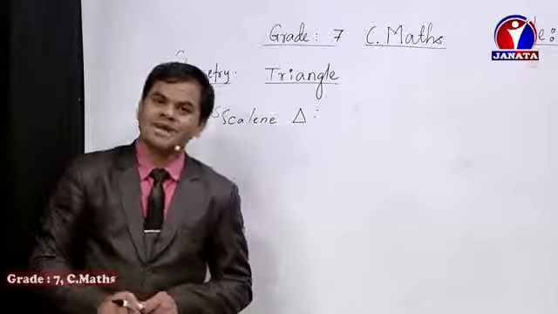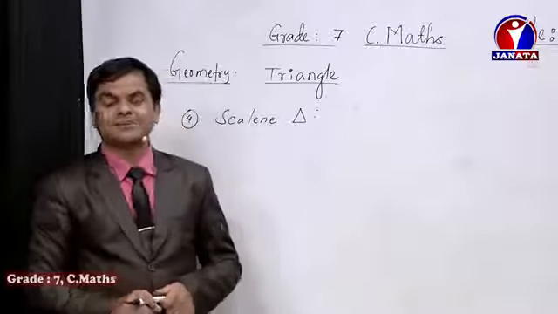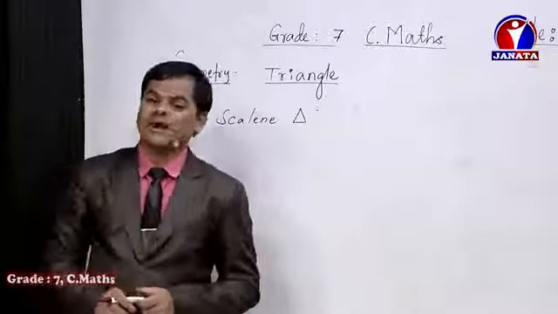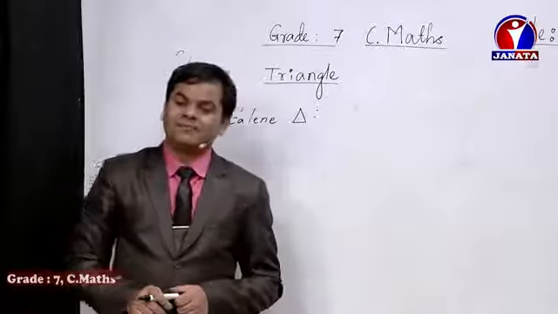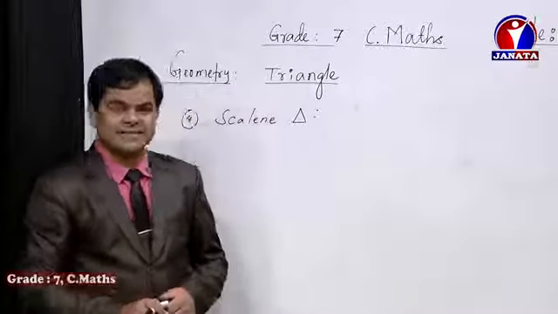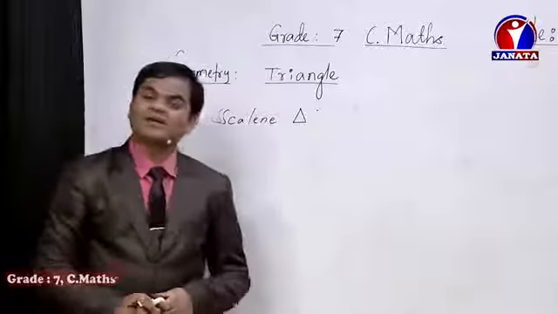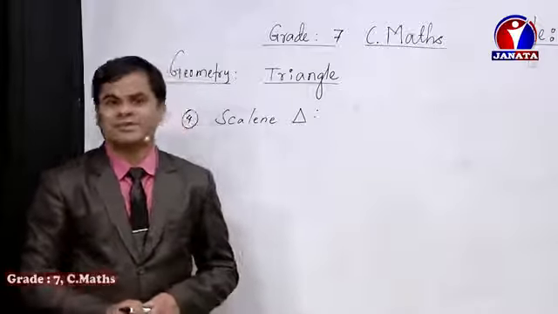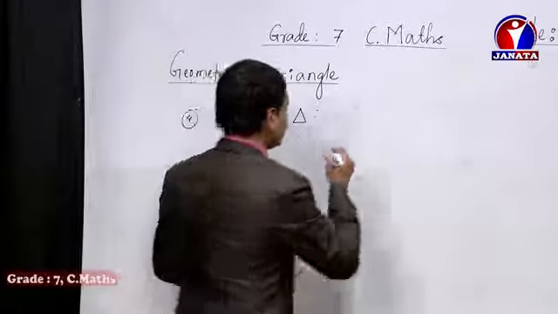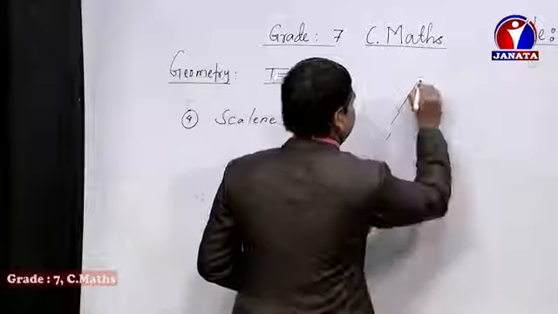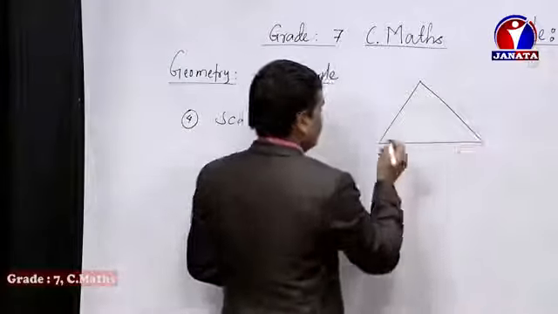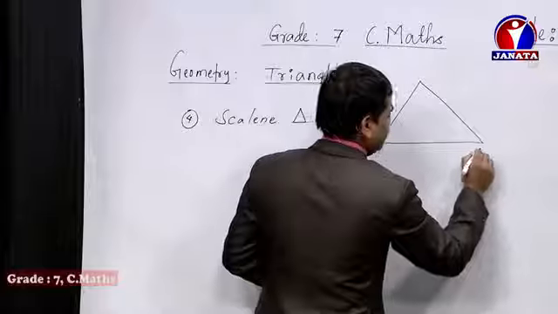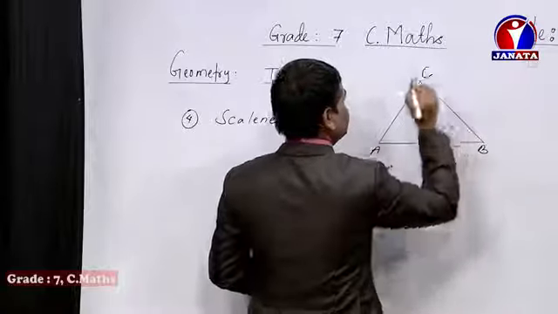The measures of the sides will be different, and the angles formed by those three sides when they are adjoined, making the three vertices, are all of different measurement. It means, look here, dear friend, it is A, let's suppose this one as B and this one as C.